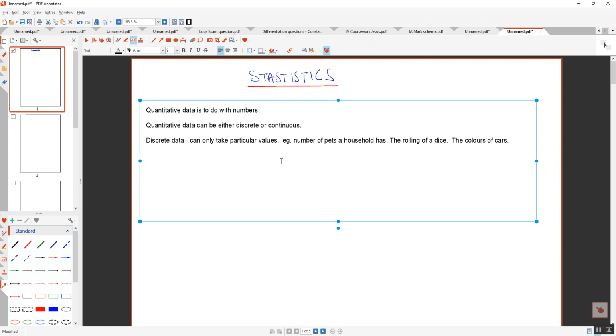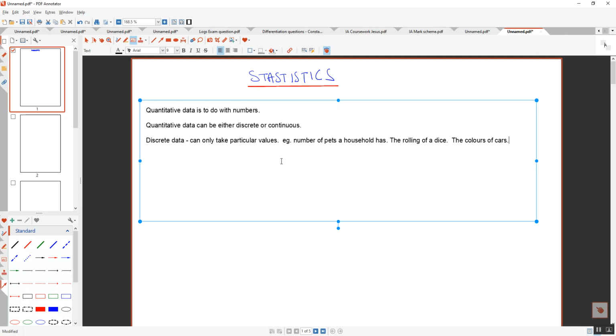It takes particular values. Well, it kind of is quantitative because you would have your number of green cars. You'd have 10 green cars, 5 blue cars. You're not going to get 3.6 beige cars, okay?